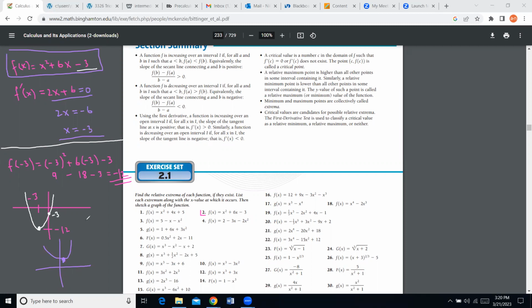Whenever you have the so-called free term in the function, that is your intersection with the y-axis, and I just did exercise number 2.